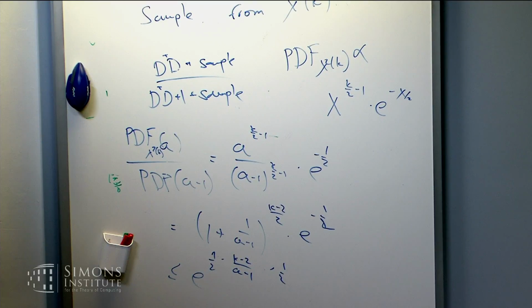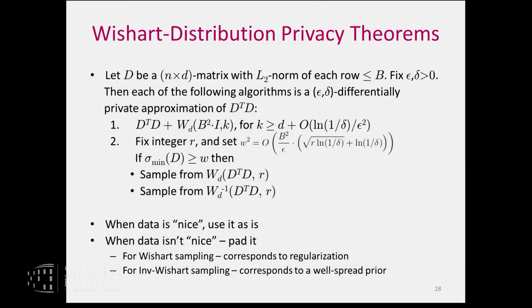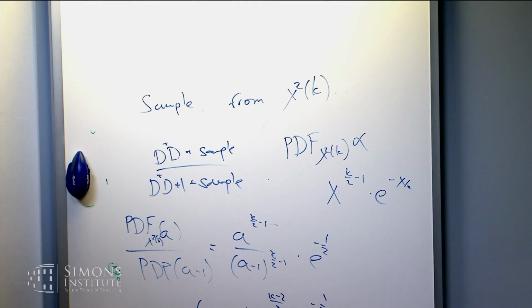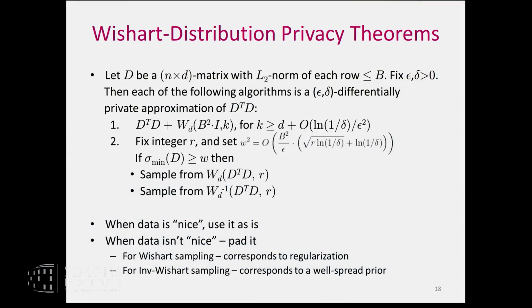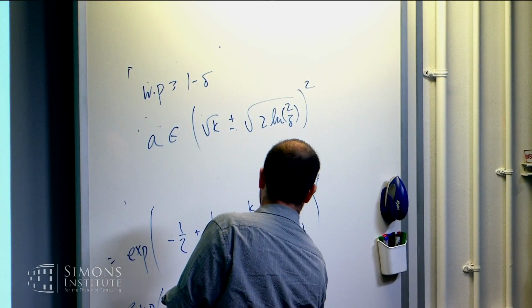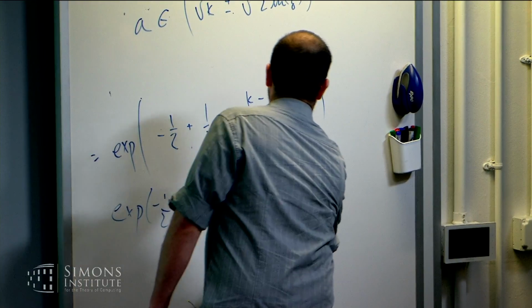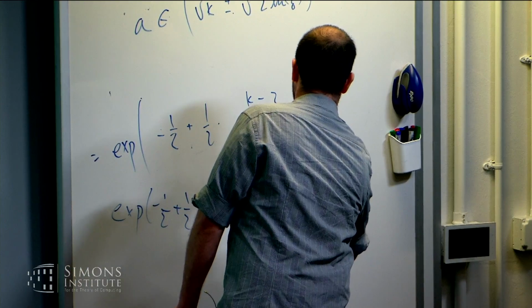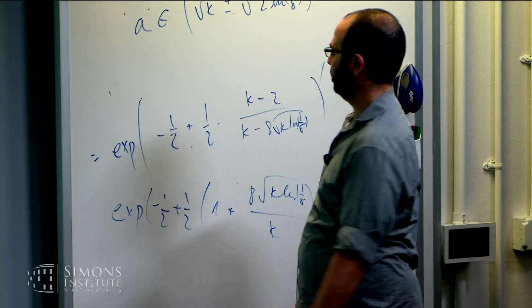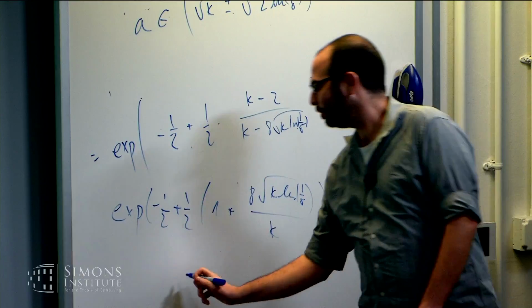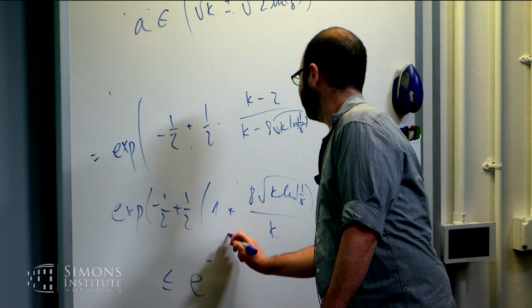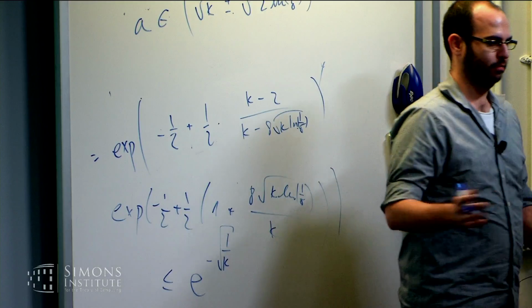I'm glossing over constants. And this term is very close to 1. And because these are in opposite signs, this half minus half plus half of 1, and then this is roughly like plus 8 square root of k over k. So everything here is upper bounded by e to the minus 1 over square root of k, and I'm neglecting constant factors.